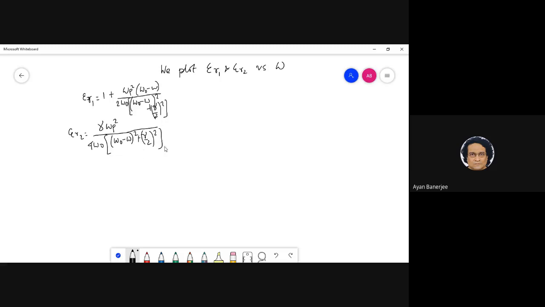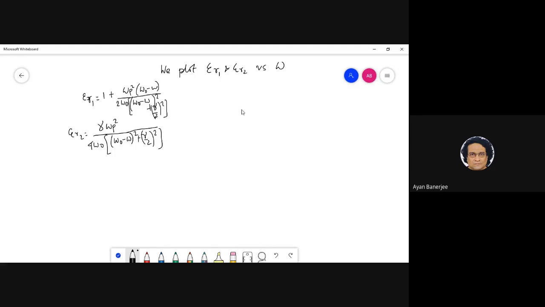This function is something like Lorentzian. Not something, this is exactly Lorentzian. It is omega 0 minus omega, nothing but x square plus some constant square. This is exactly Lorentzian.